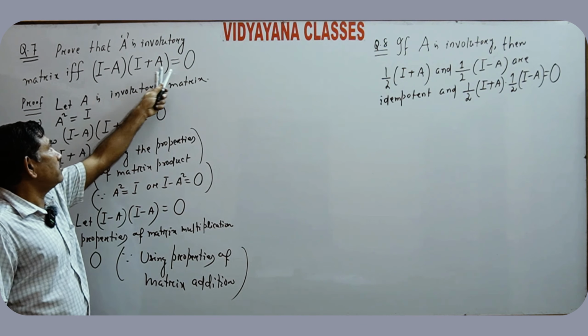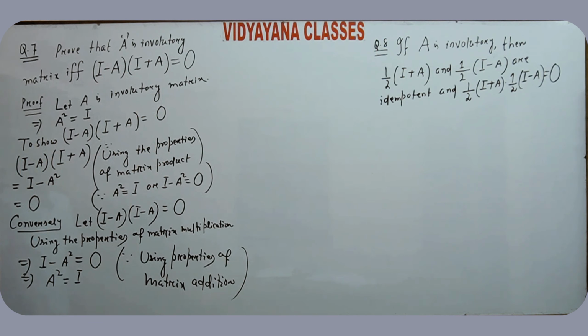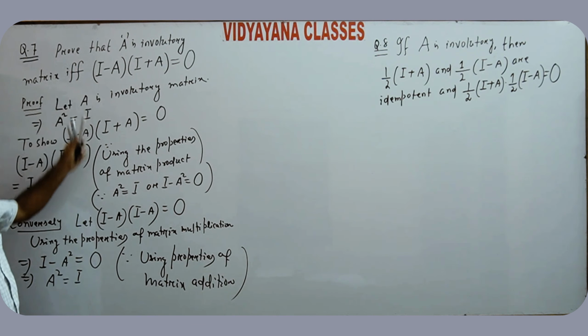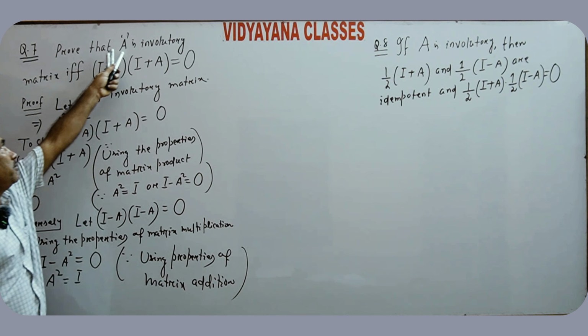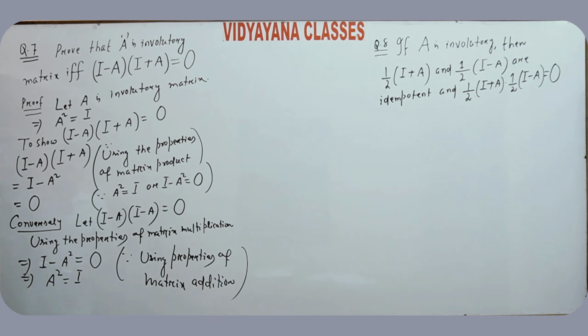Conversely, this equal to the 0 matrix implies A is involutory. If and only if means implied and implied by. This implies this and this implies this.